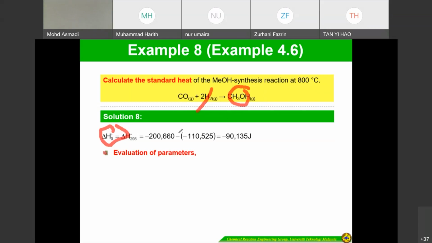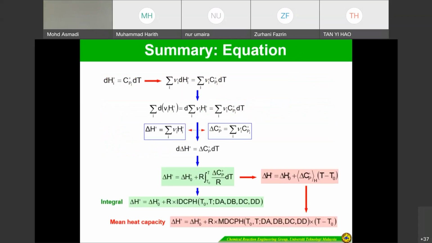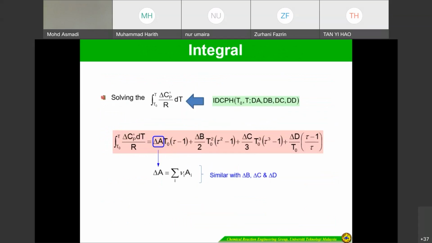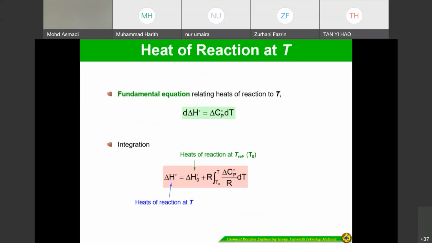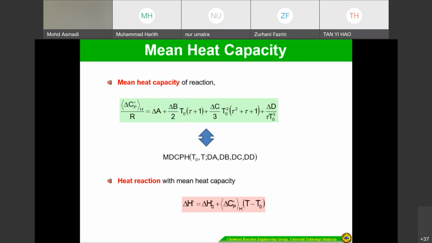Okay. This one times with -1, minus this one. Also one CO2. So you can get this one. Okay, so you already have this one, and also this one.